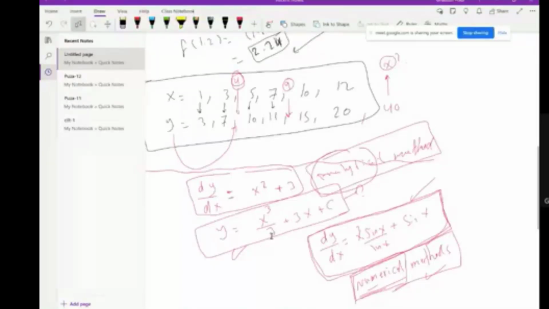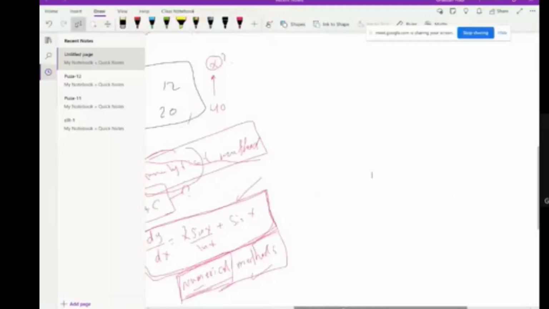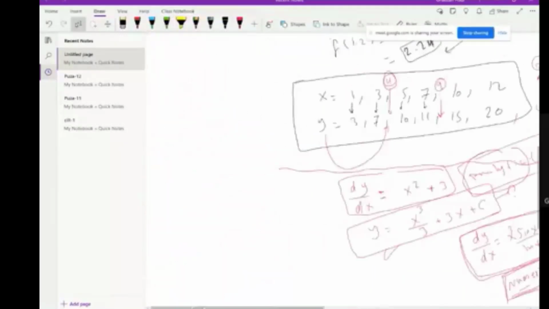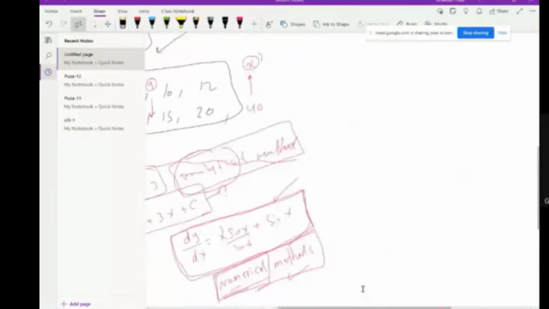If we know that this one is solved by an analytic method, but we don't know how, we can use the numerical method?